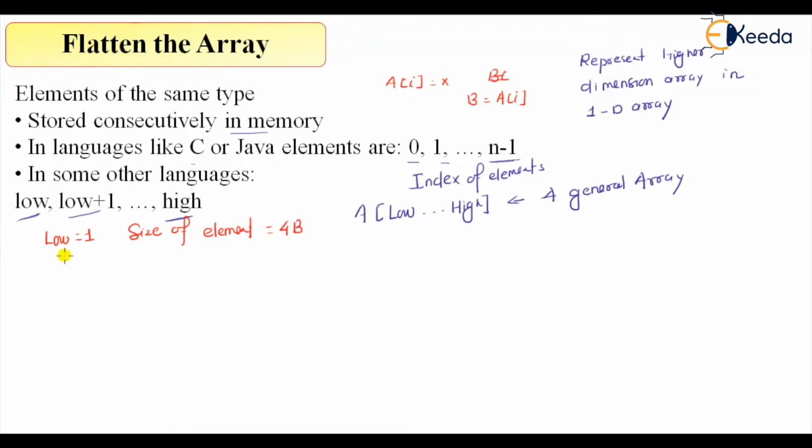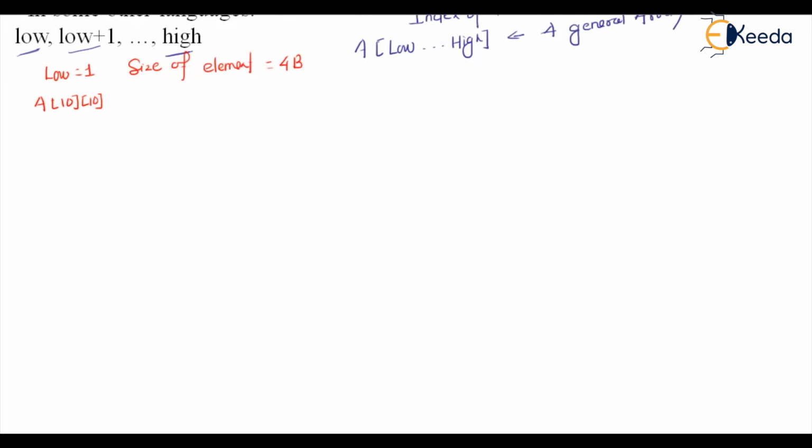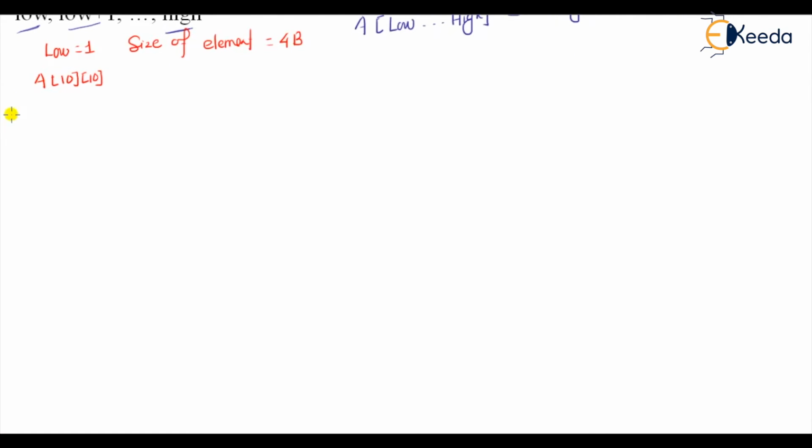Let's start with 2 dimensions, with 10 rows and 10 columns, and I want to represent this in a single dimension array.